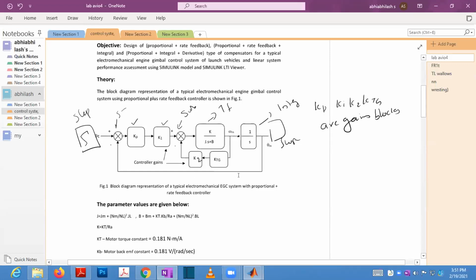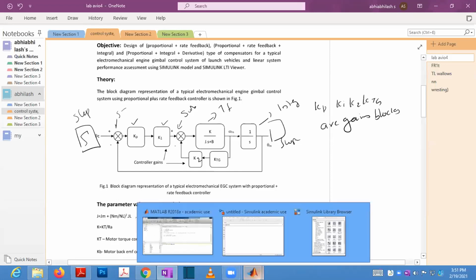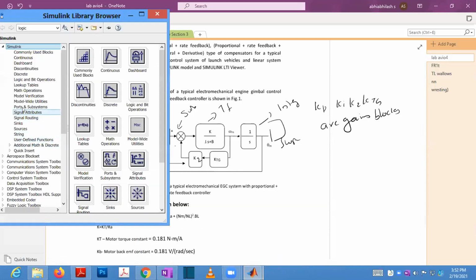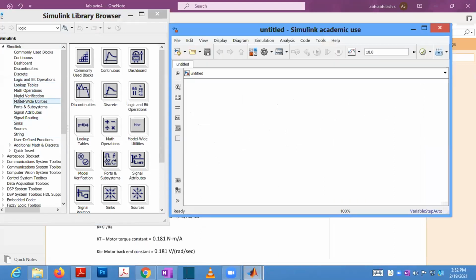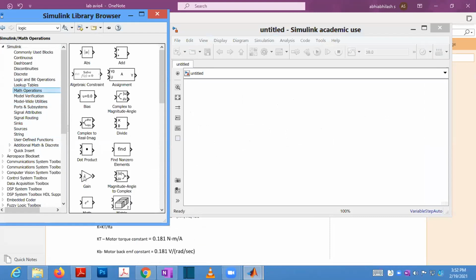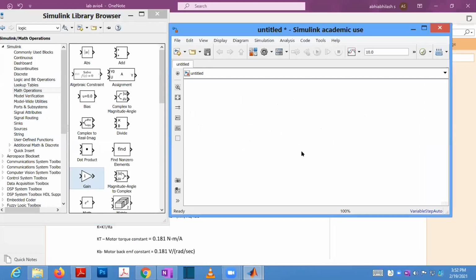For the gain blocks you will get them in the math toolbox, here in math operations, gain. Just copy these things. This one gain you drag and drop here. Then right click and move.